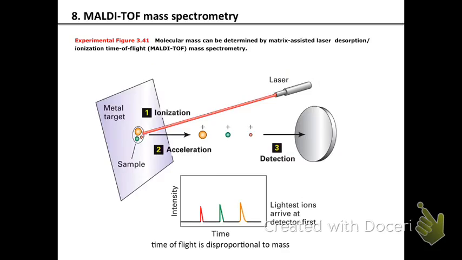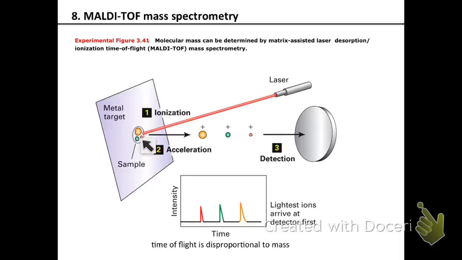All right. So here's a schematic from your textbook, so you should definitely read about this. So what you have here is your sample, which is a mixture of peptides, a mixture of proteins, etc., that you place on a metal surface. And then in this case, the ionization occurs on the surface through this laser.